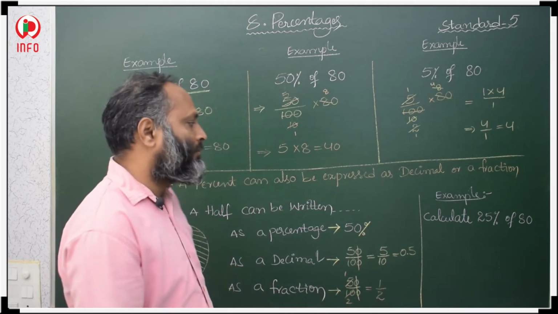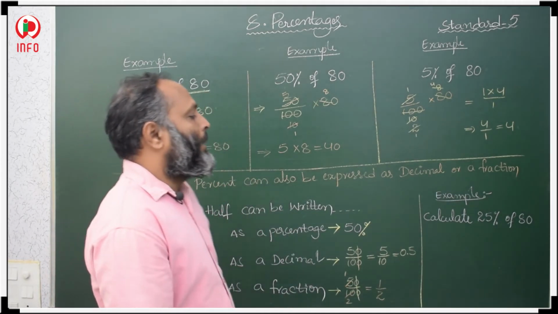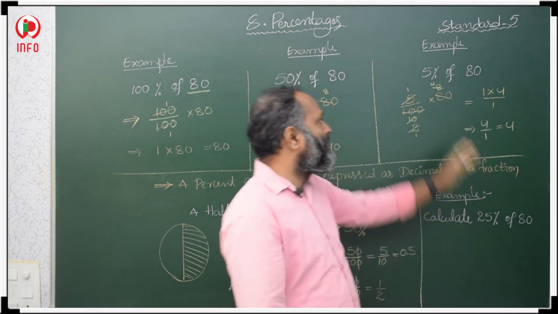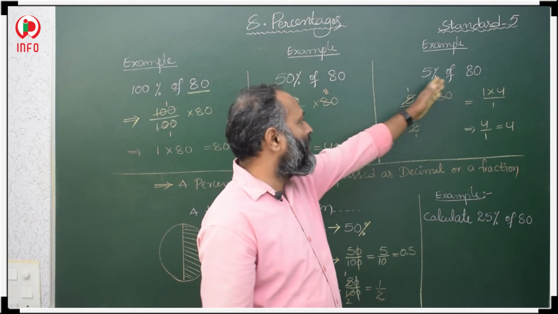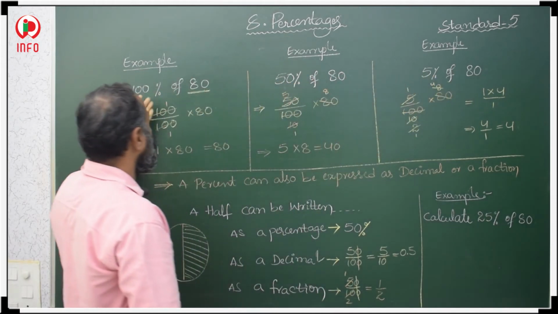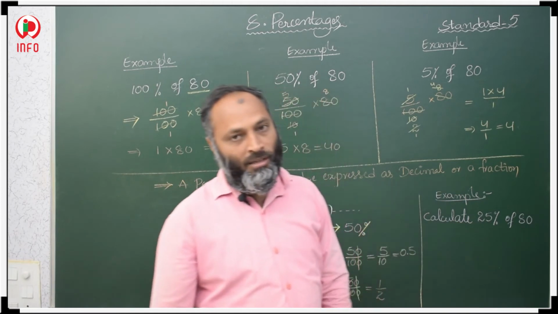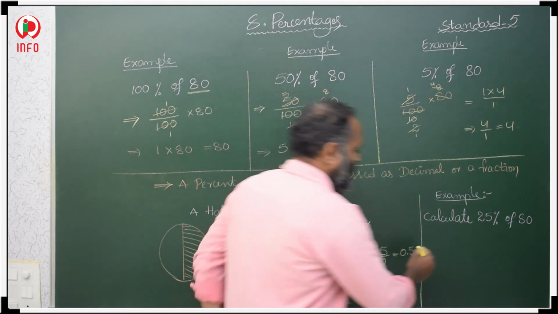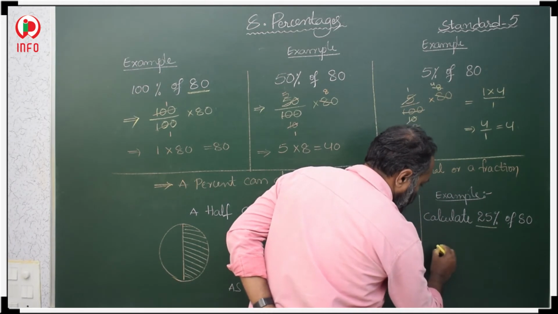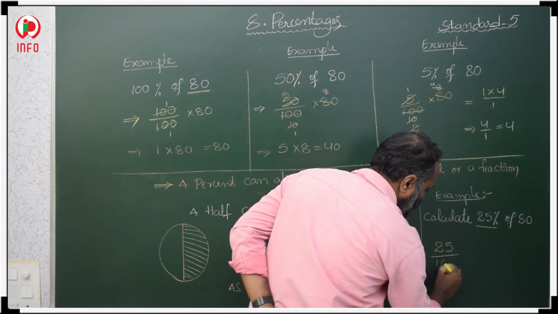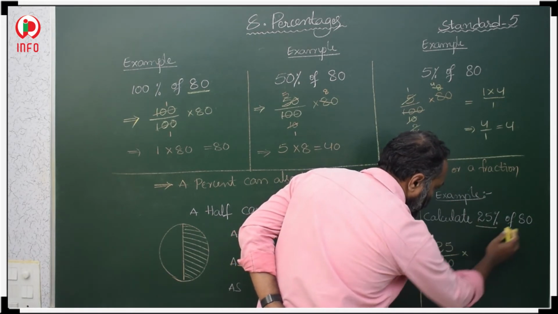Okay. Now here calculate 25% of 80. In the same way there are these questions: 25% of 80, 5%, 50%, 100% of 80. Here also one example is given, 25% of 80 we have to calculate. Then how to calculate? 25% means first we take given percent by total percent into 80.